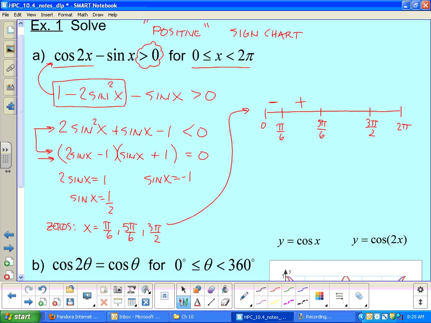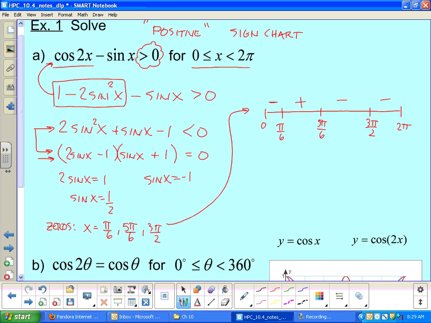And then how about something between 5 pi over 6 and 3 pi over 2? How about pi? All right, put a pi in there, and we get a situation that gives me a negative, and I'm sticking pi in for x. And I keep testing between 3 pi over 2 and 2 pi. Maybe we do 11 pi over 6. Just picking the value.